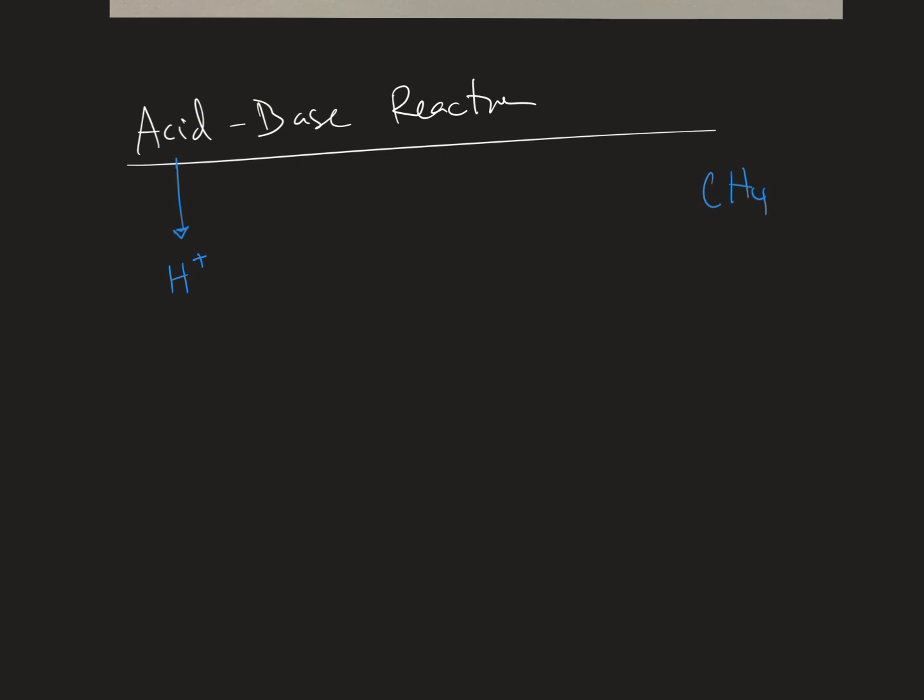No. This is not even an ionic compound. That's a covalent compound. They're shared. It doesn't create a cation. So that is not an acid. And how do you know if it's a base, for this unit anyway? If hydroxide is the anion. That's it.